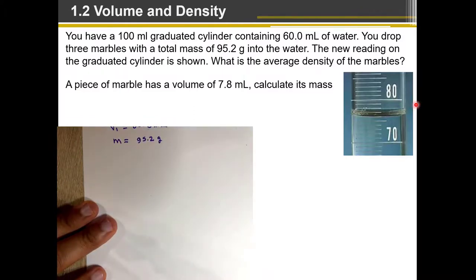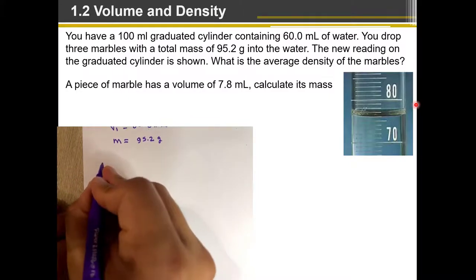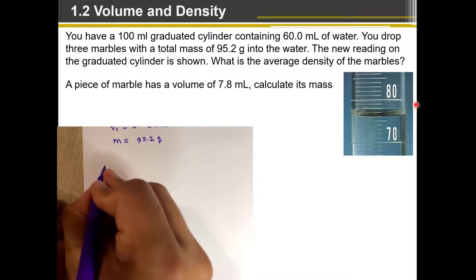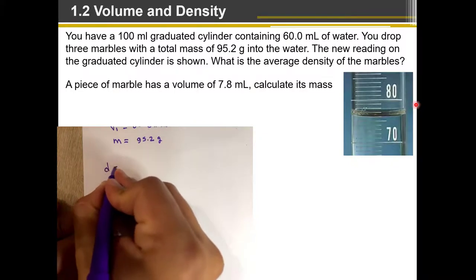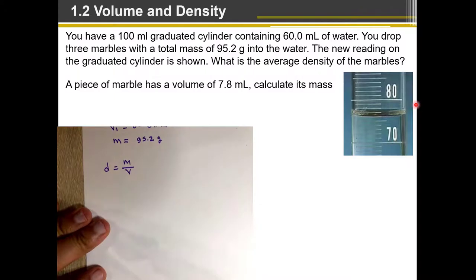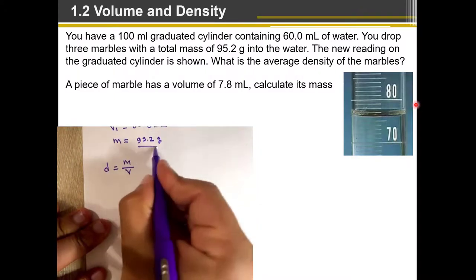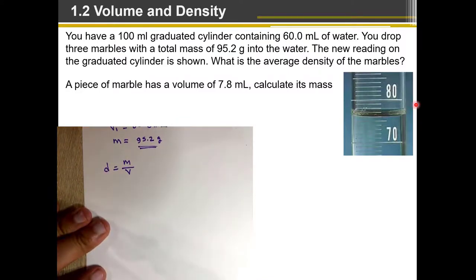If we go back to look at the definition of density, density equals mass divided by volume for the subject. We have the mass, which is given right here, but we don't have the volume.